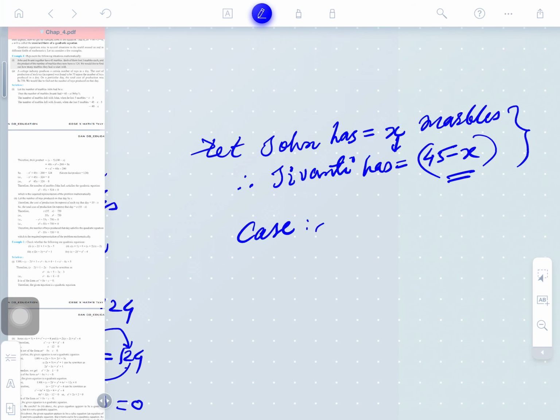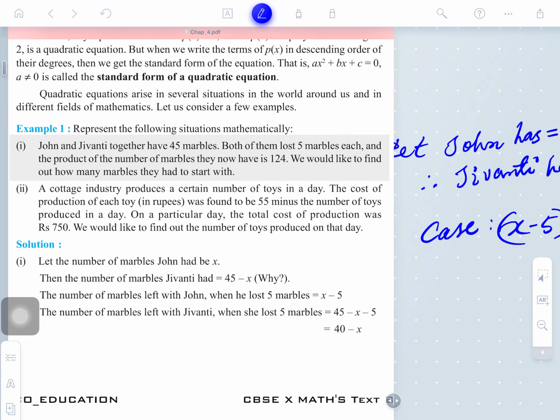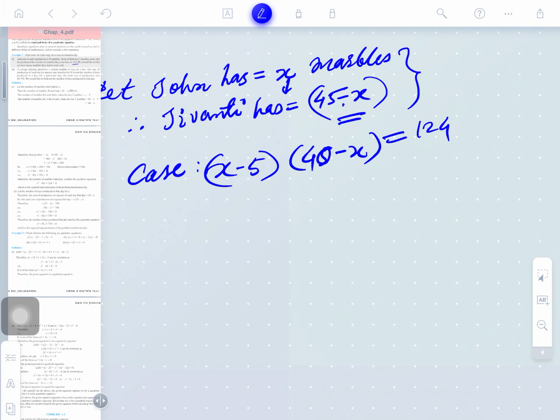So, he lost 5 means x minus 5, and she lost 5 means 45 minus 5, 40 minus x, and now their product is what? Their product is 124. Now, solve them.